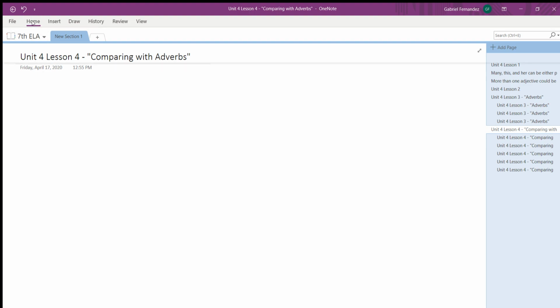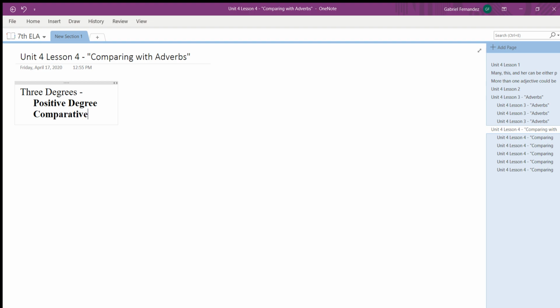Okay, so comparing with adverbs. Remember with adjectives that we have 3 degrees. We also have 3 degrees of adverbs. We have the positive degree, which is its base form.